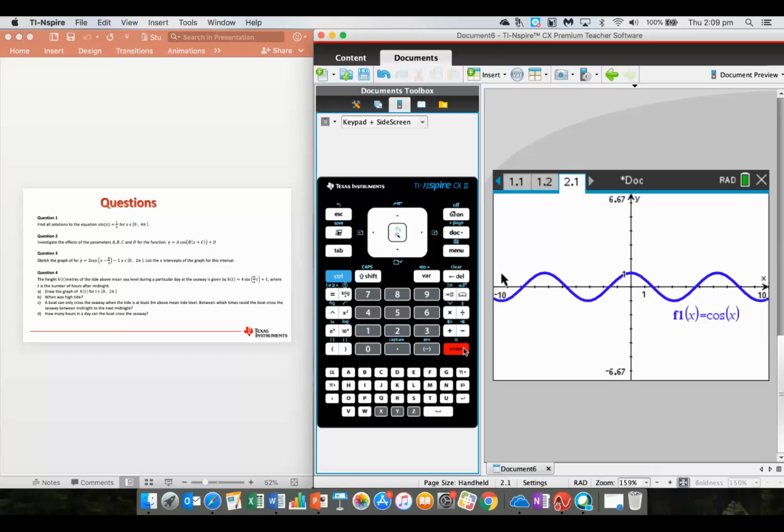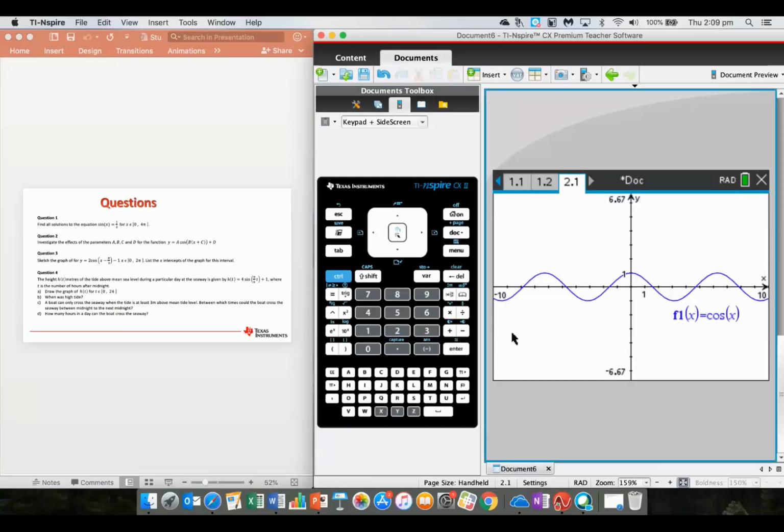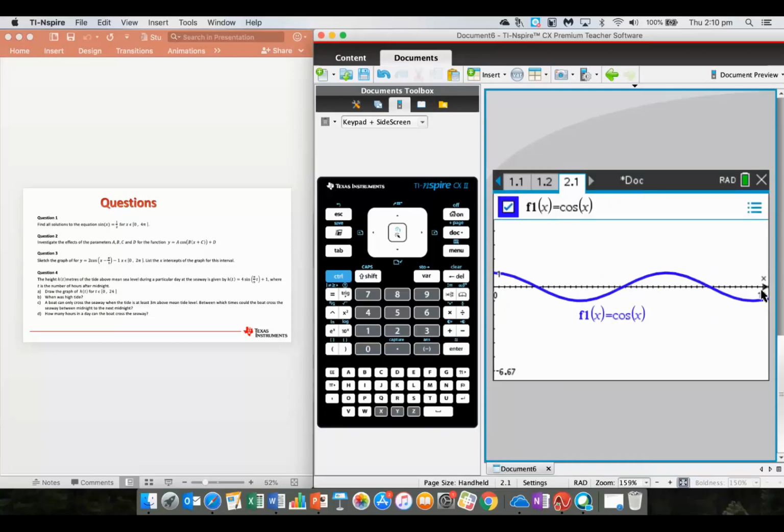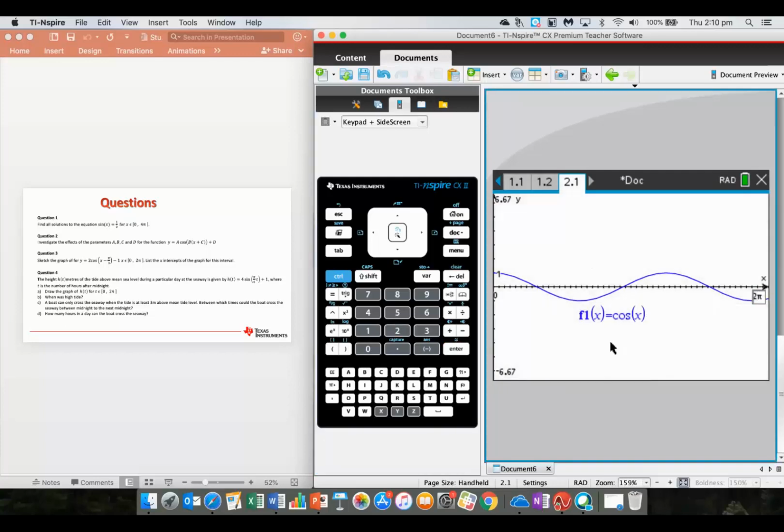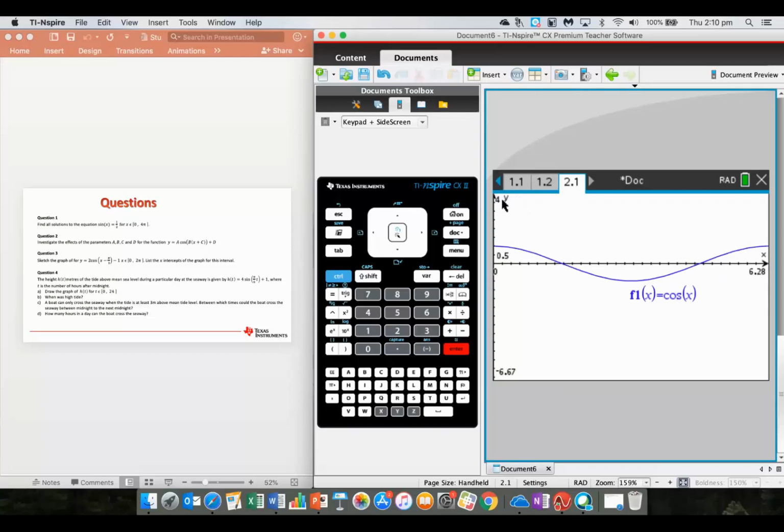So I'm going to change my domain, and go from 0 to 2 pi. What I'm really looking to see is what is the effect of these parameters on the shape of the graph. I'll tidy this up as well, and I'll make this maybe 4 and minus 4, so it's nice and easy to see.